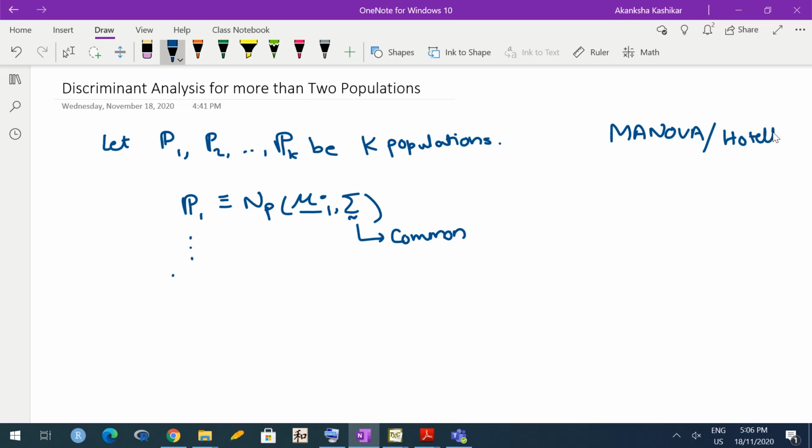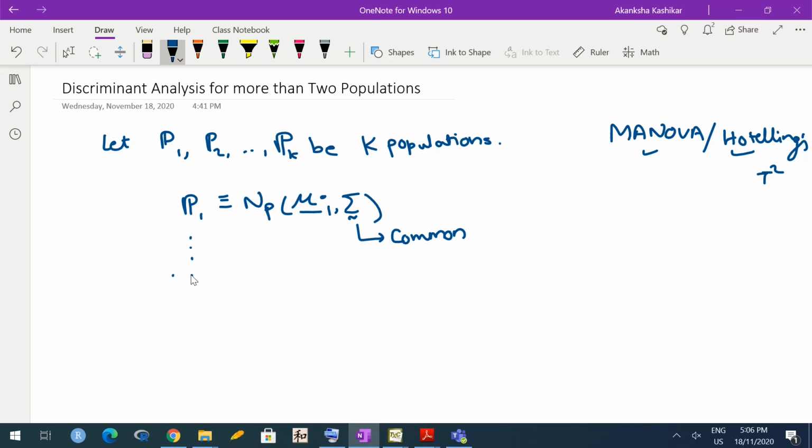Because if the mean vectors are not different, there is no point in carrying out discriminant analysis. So ideally, we should first examine whether the mean vectors are different in different populations by carrying out either MANOVA or Hotelling's t-square, and then if the mean vectors are different, only then should we proceed to discriminant analysis.